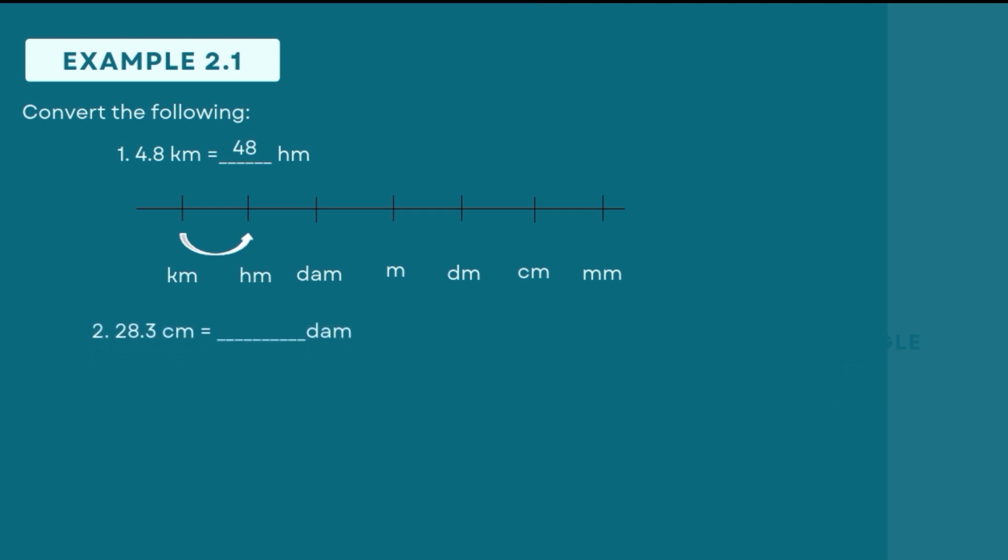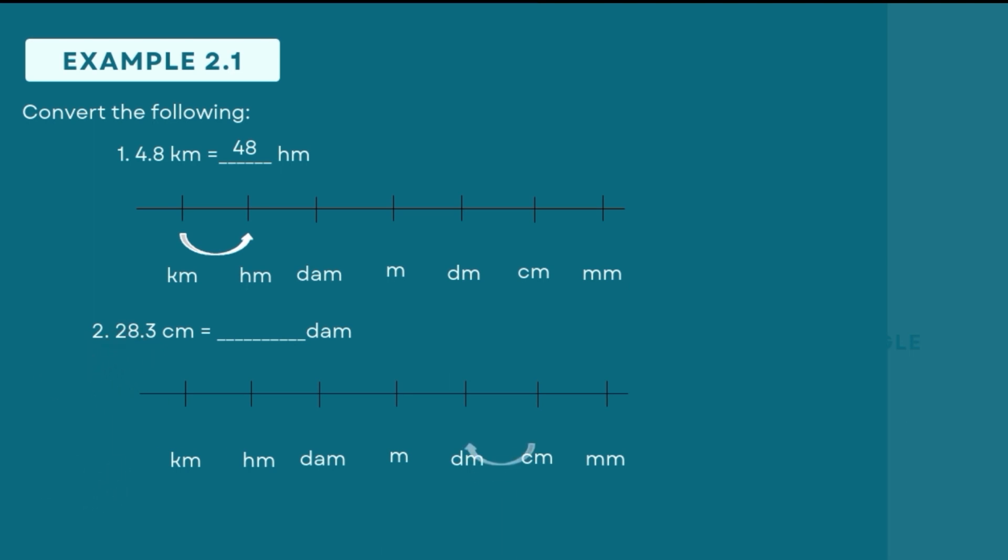Next, we have 28.3 centimeter and we are going to convert it to decameter. So again, we have here the units. As we can see, from centimeter, it is going to the left side of the unit. It is 3 decimals away, so we are going to move the decimal to the left side 3 times.